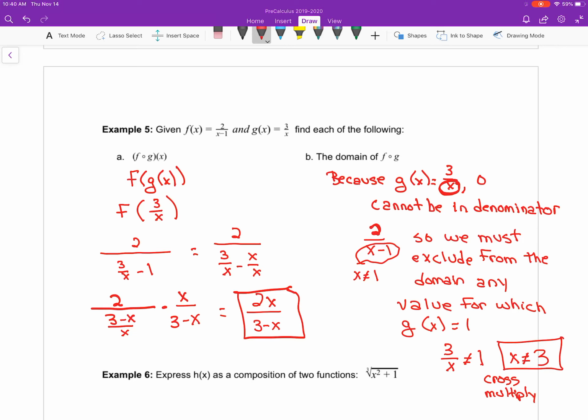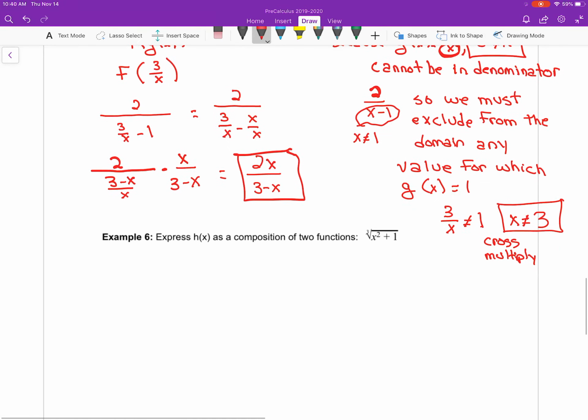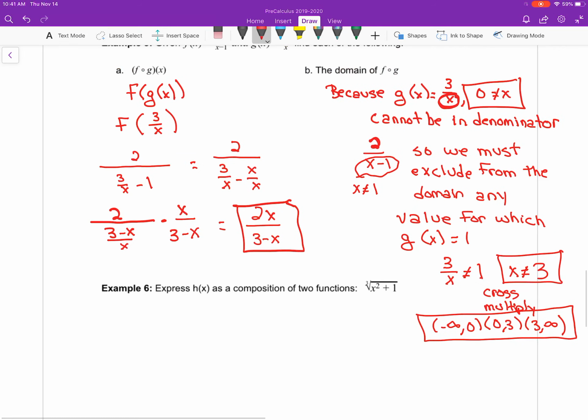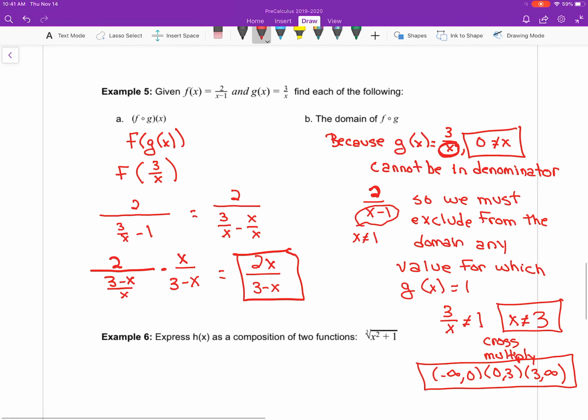So x cannot be 3 and x cannot be 0. So our domain is negative infinity to 0, 0 to 3, and 3 to infinity. That might take a little minute to look at just to make sure that you can figure out what we got going on.